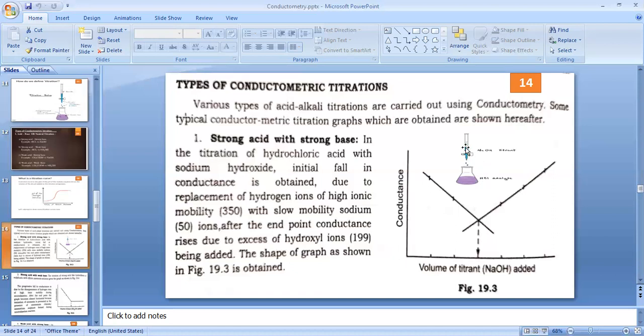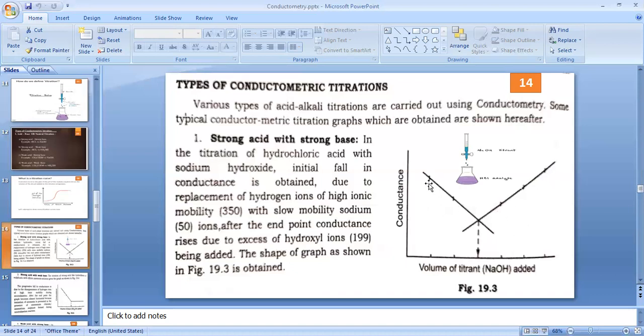When we add sodium hydroxide from the burette, this H plus will be replaced with Na. But a point will come when all of the HCl has been neutralized by NaOH, and there will be an excess drop of NaOH in the conical flask. Due to the excess sodium hydroxide, there will be a rise in conductance, and that is depicted in the graph.